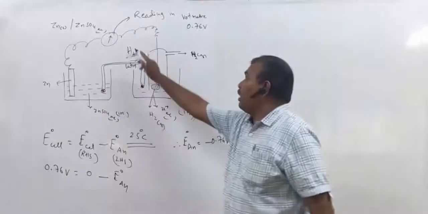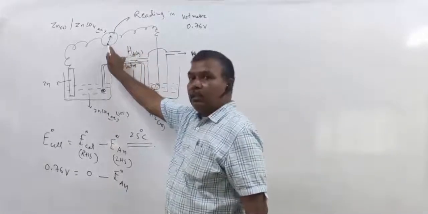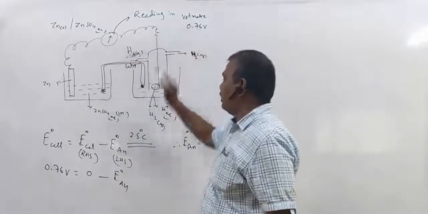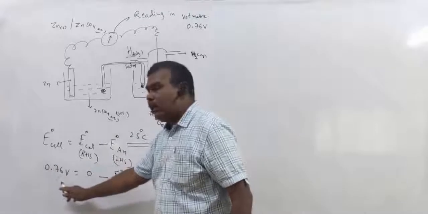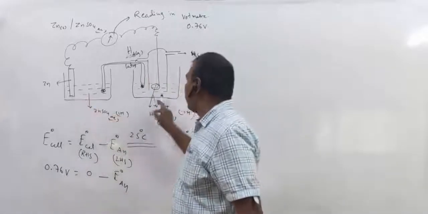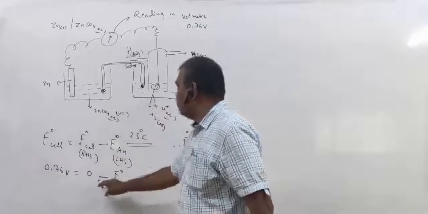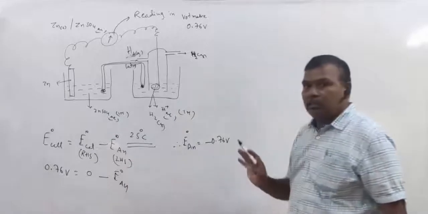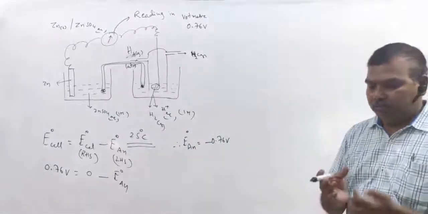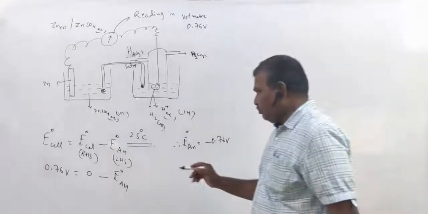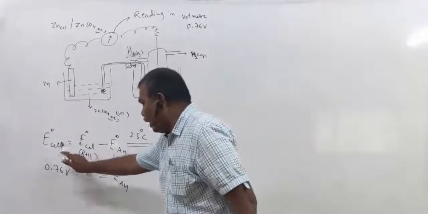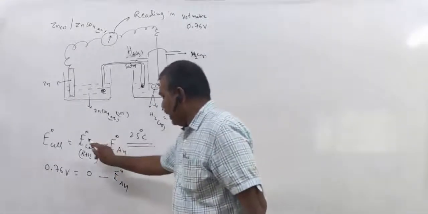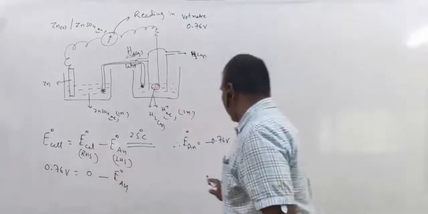So we got the EMF of the cell here directly. The reading in the voltmeter is nothing but the EMF of the cell. Right hand side electrode, this is the hydrogen electrode, 0. Left hand side electrode, anode, E naught anode is equal to minus 0.76 volts. Now remember, according to IUPAC, we have to take electrode potentials as reduction potentials.